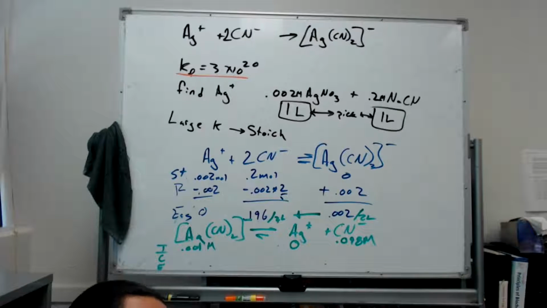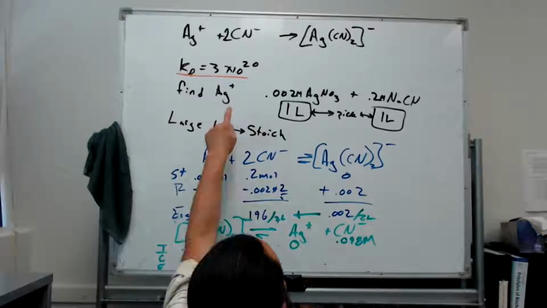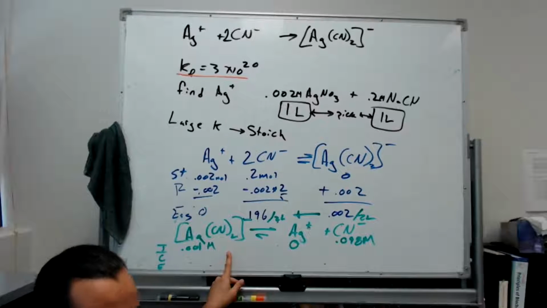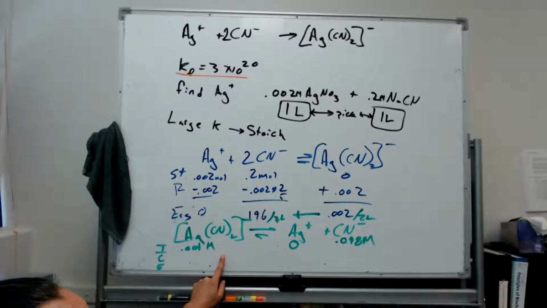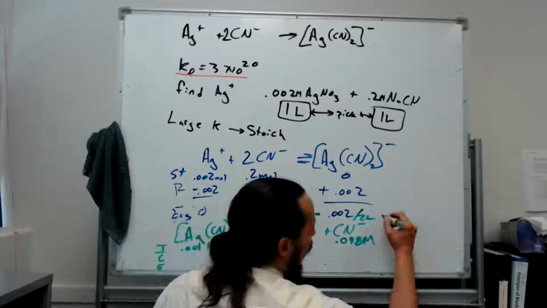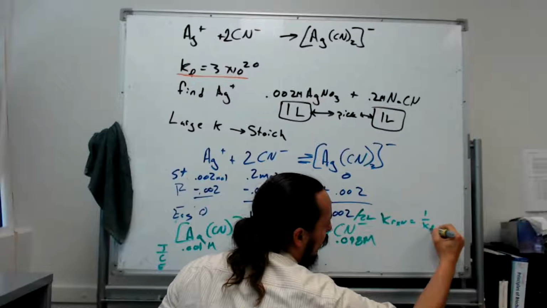And the other thing we have to recognize, this was the other place where a lot of students had trouble. They went to the ICE table and they still used the Kf. But notice this reaction is not a formation reaction anymore. It's a dissociation of a metal complex reaction. So our K reaction is going to be 1 over Kf.